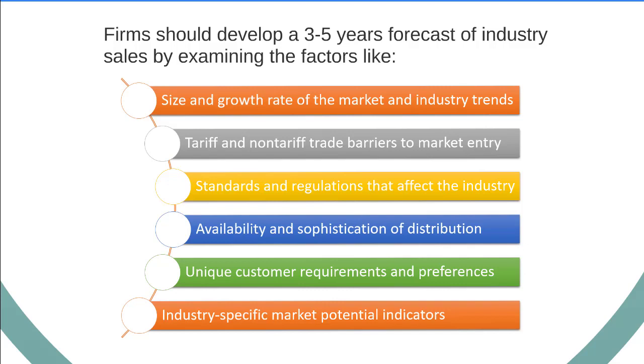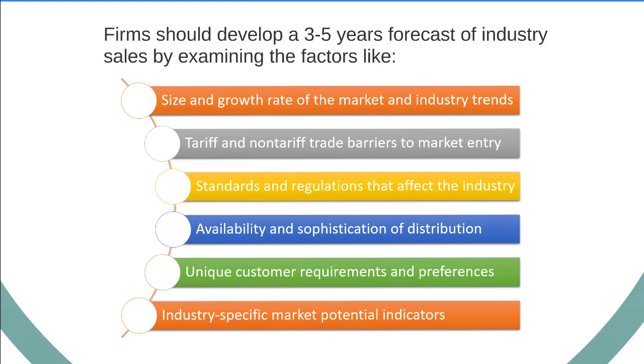And companies usually assess the market potential for each country and develop a 3 to 5 years sales forecast, which includes the size and growth rate of the market and industry trends, tariff or non-tariff trade barriers to market entry, any standards or regulations that affect the industry development and growth, availability and sophistication of distribution channels, whether or not they exist, and the unique customer requirements and preferences.